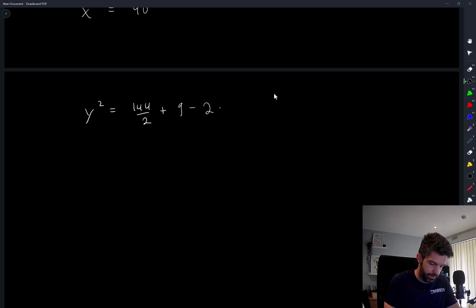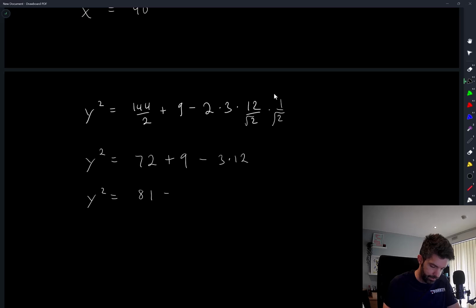Minus 2 times 3 times 12 over root 2 times the cosine of that angle, which is 1 over root 2. 72 plus 9 minus 3 times 12, so y squared is equal to 81 minus 36.